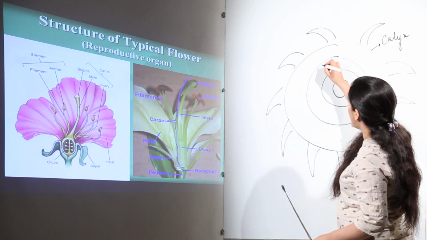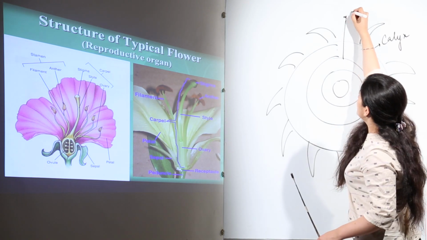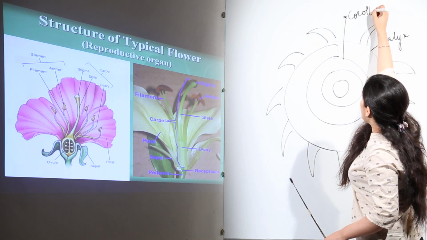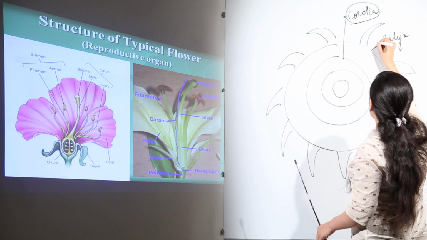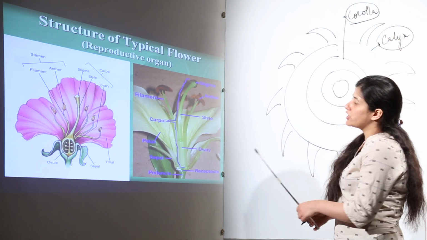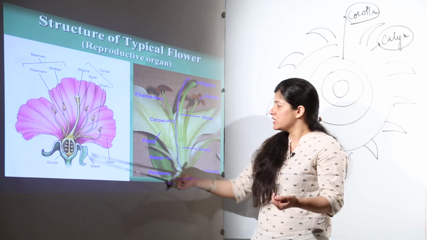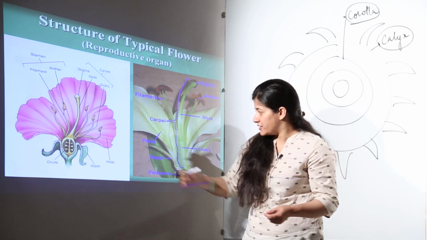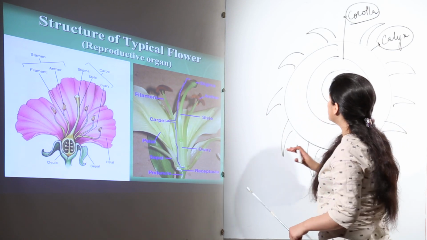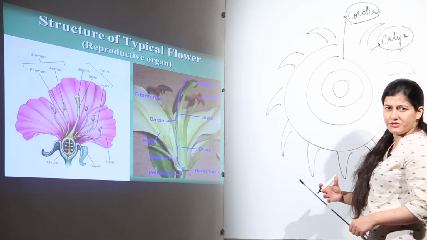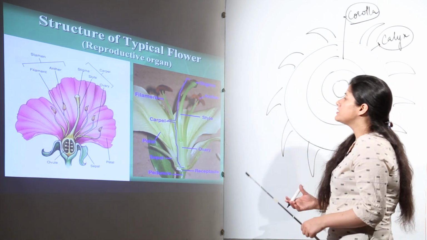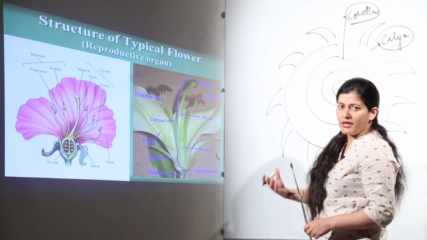Then inner to it lies the second whorl that is known as corolla. Calyx and corolla are the names of the whorls and the appendage happens to be the colorful petal, huge sized or small sized. This is the petal that is present. Now it is brightly colored to attract the insects if the plant is pollinated by the insects.